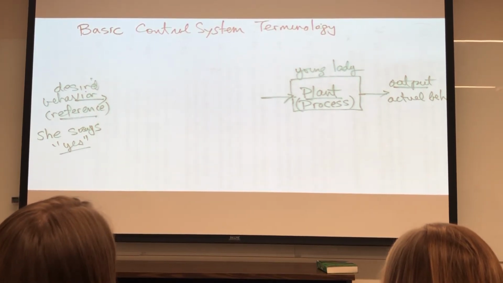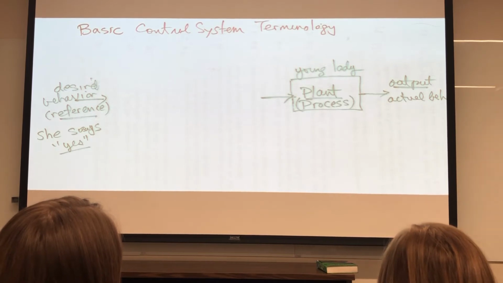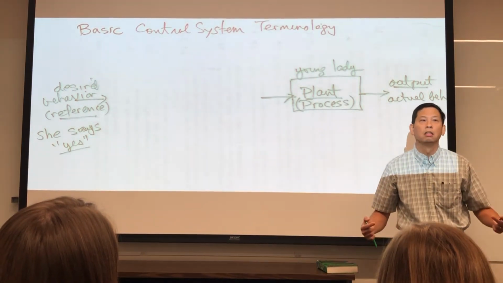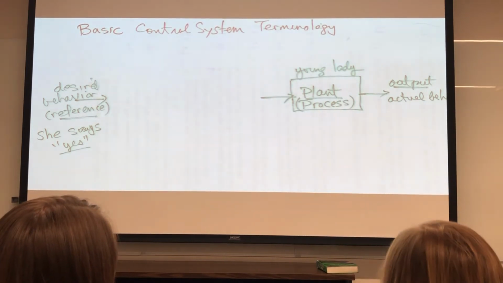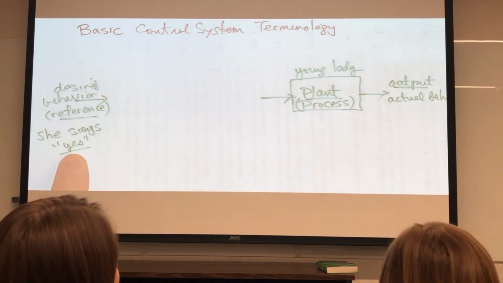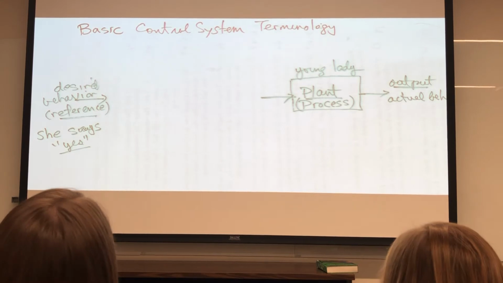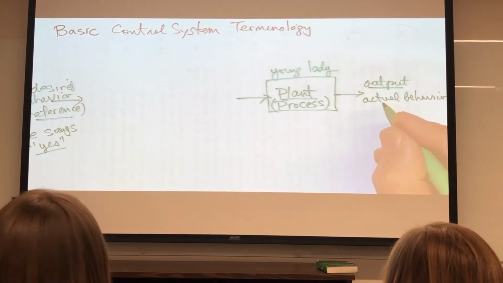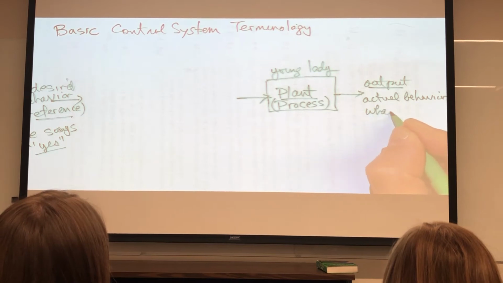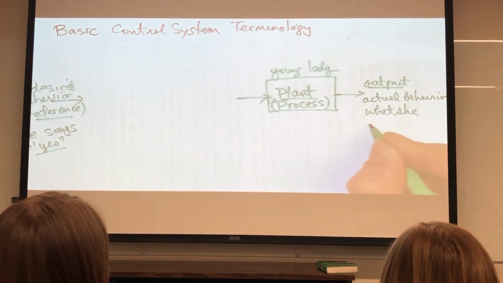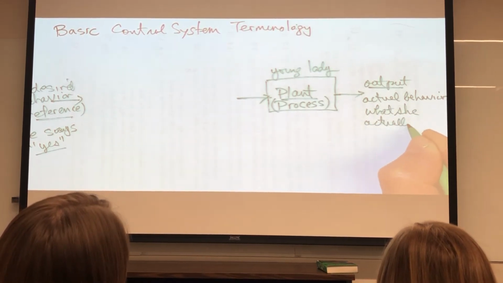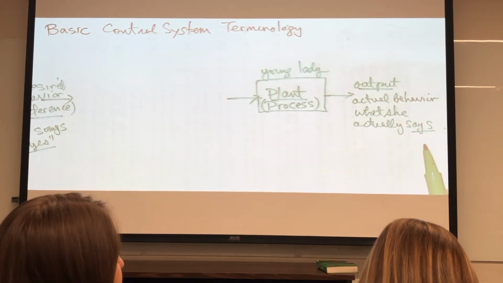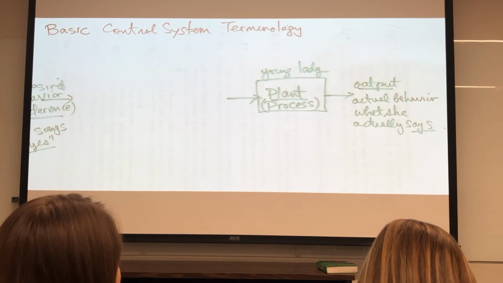The question might be like, hey, should we go get some coffee? And you would like her behavior to be, she says yes. Now, the output, the actual behavior, is what she actually says. So the output, the young lady says, this is what she actually says.